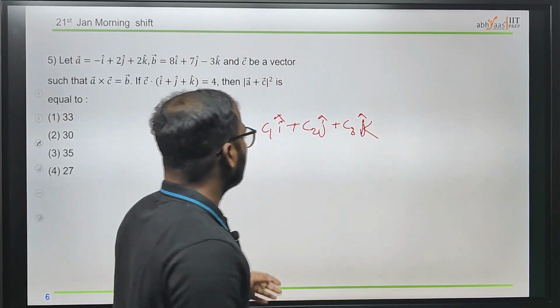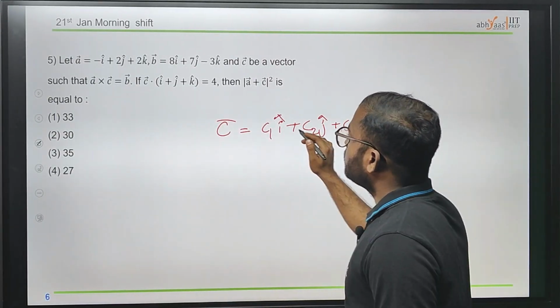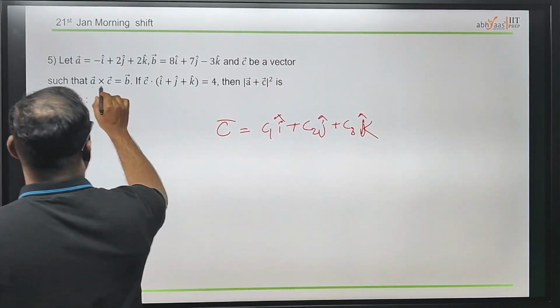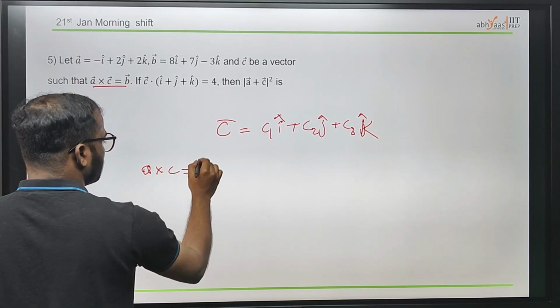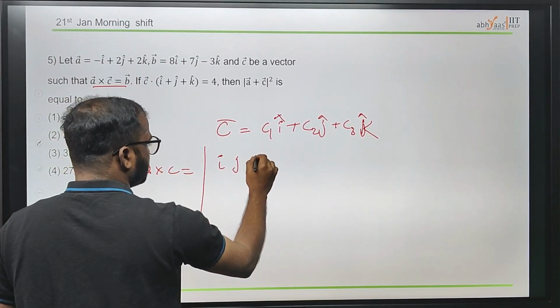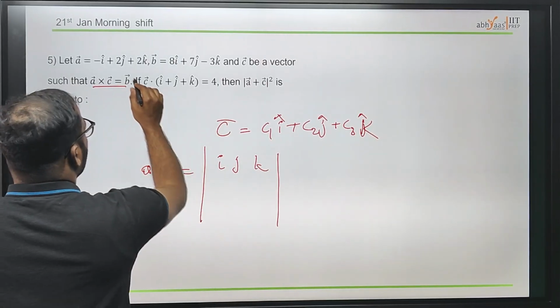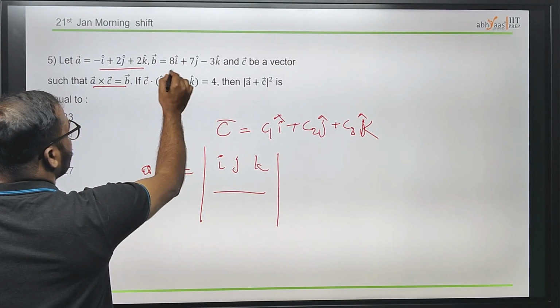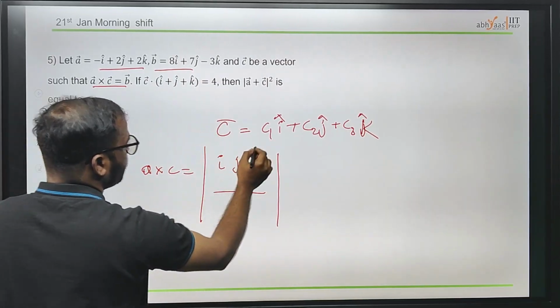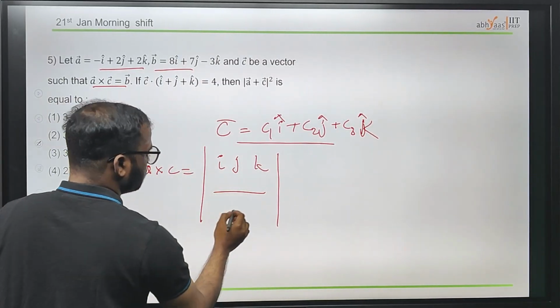Now by assuming this we can put it in the cross product, a cross c, where we have i j k, then the row from a bar, and similarly the row c1, c2, c3. Sorry for that, this one.